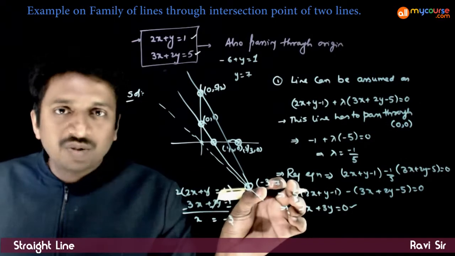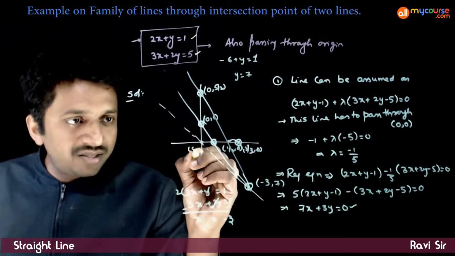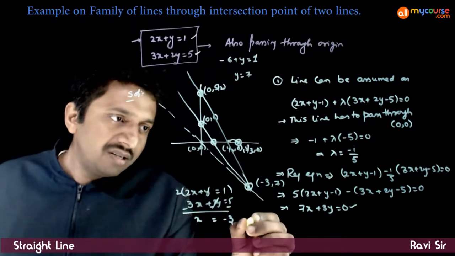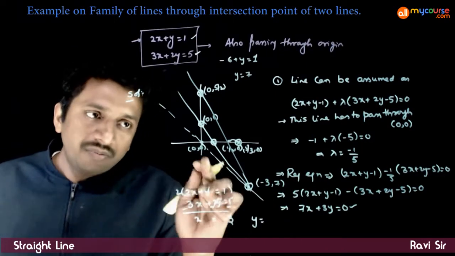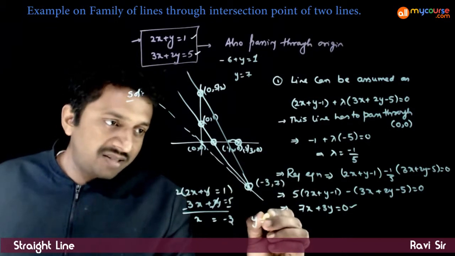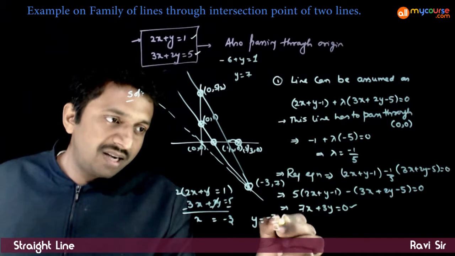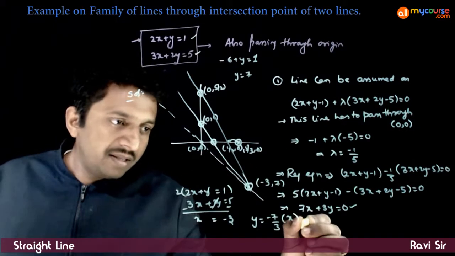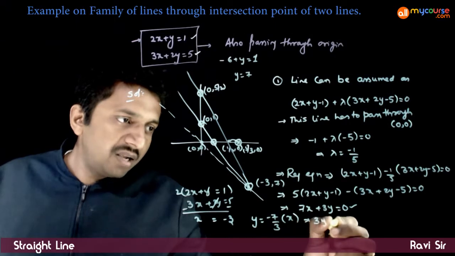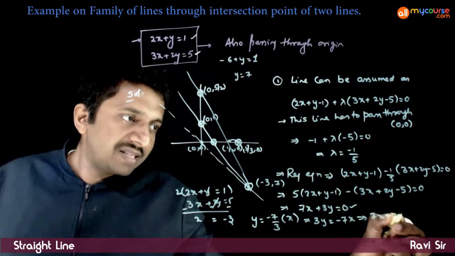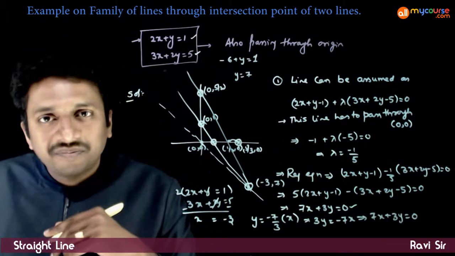So once you have this point, you have the point 0, 0, so you can find the equation. y minus 0 is equal to, slope is 7 by minus 3, is minus 7 by 3 times x minus 0, which is x. This implies 3y is equal to minus 7x, 7x plus 3y is equal to 0.